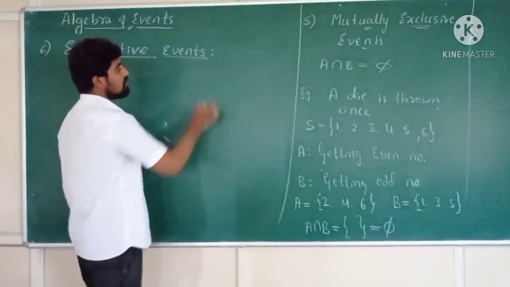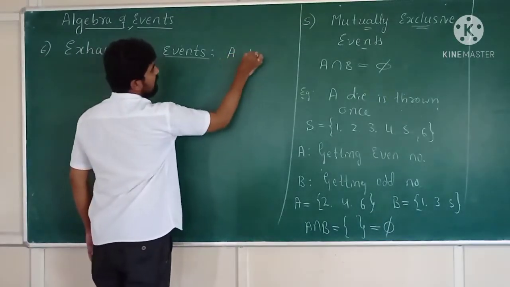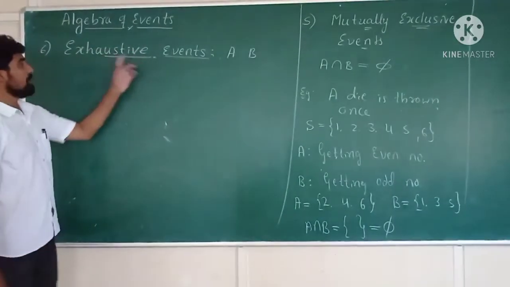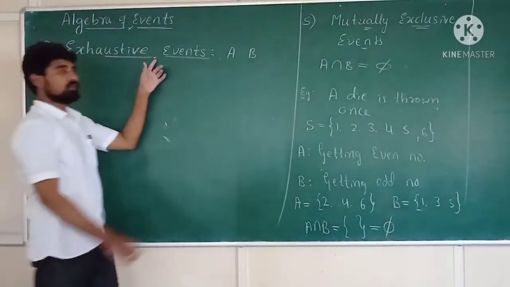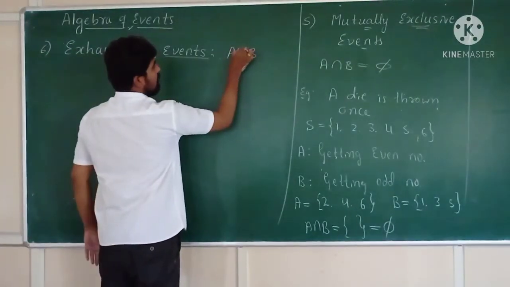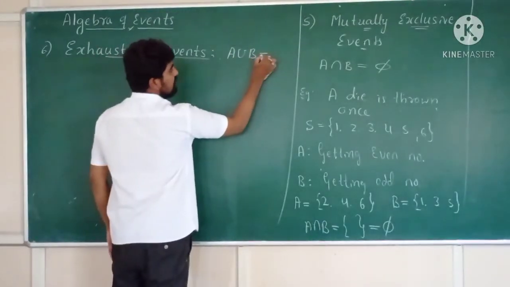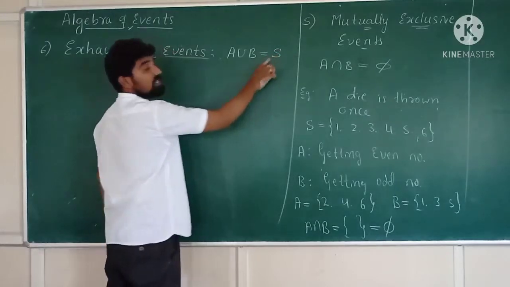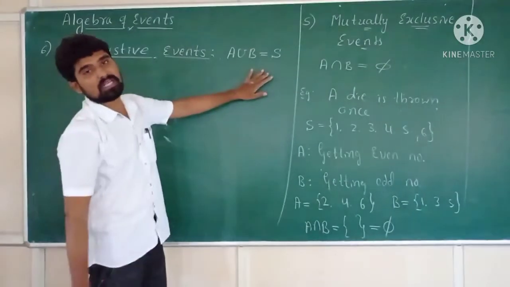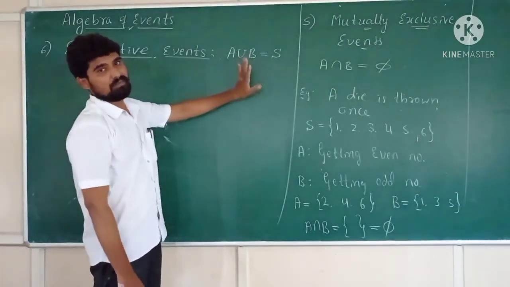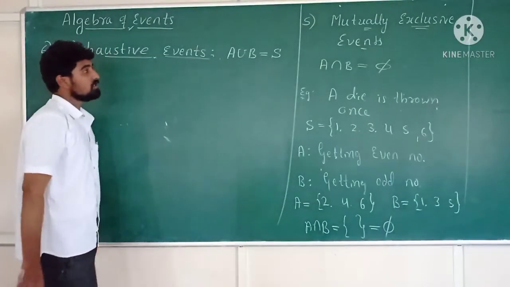Two events A and B are said to be exhaustive events if A union B is equal to S, where S is the sample space associated with the random experiment. I repeat once.